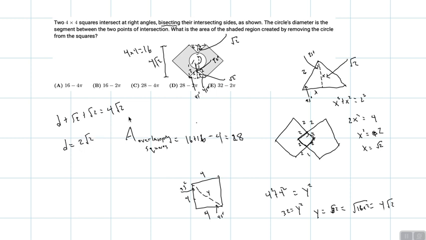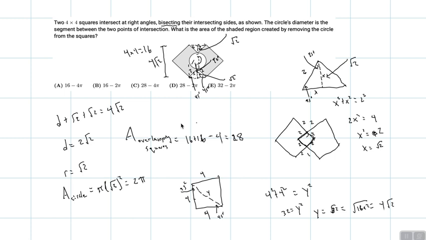We're getting close to finding the area of this circle. If the diameter of this circle is 2 root 2, then the radius must be root 2. Therefore, the area of the circle is pi r squared. So pi times root 2 squared is 2 pi.